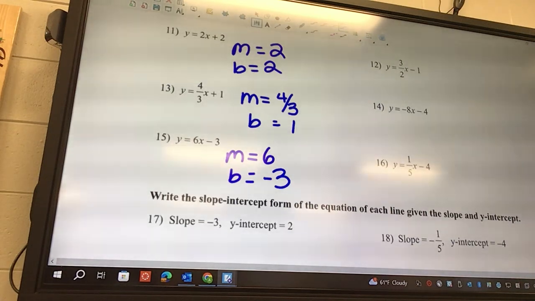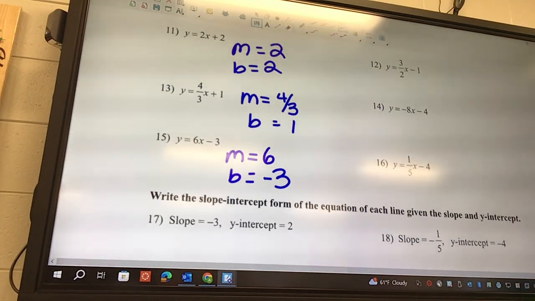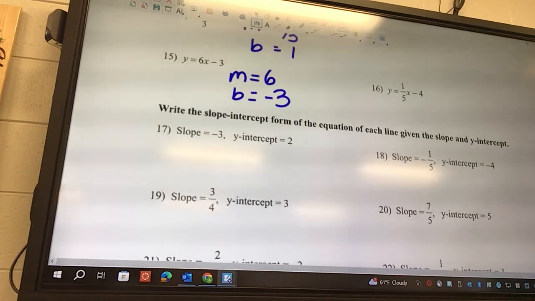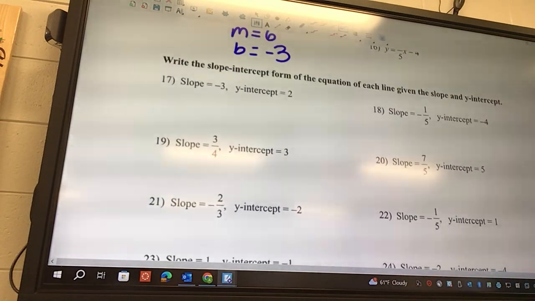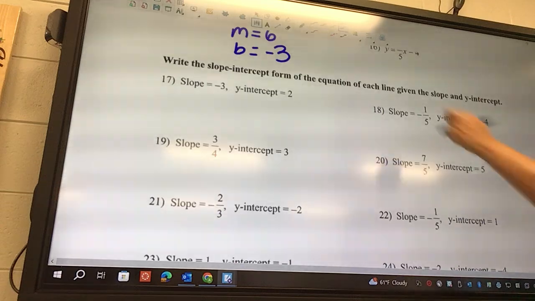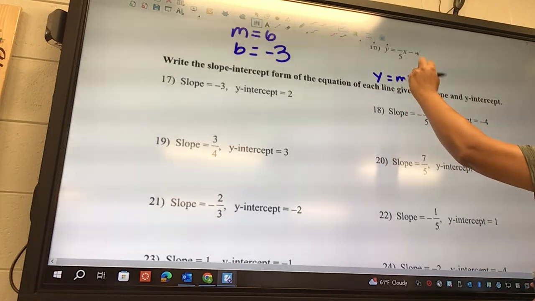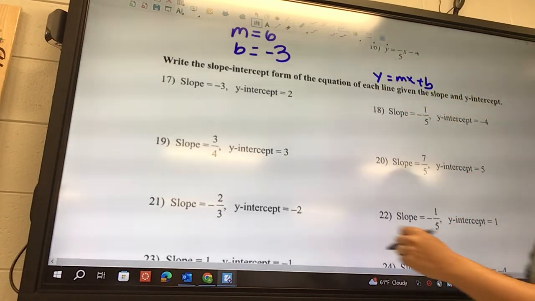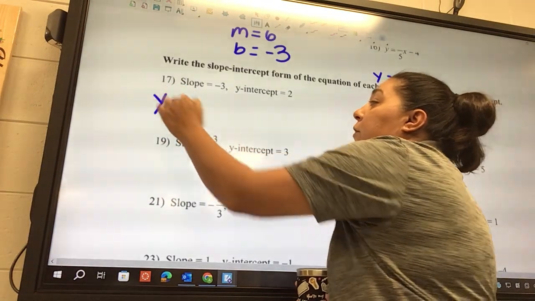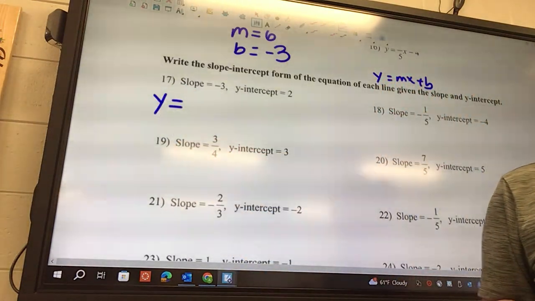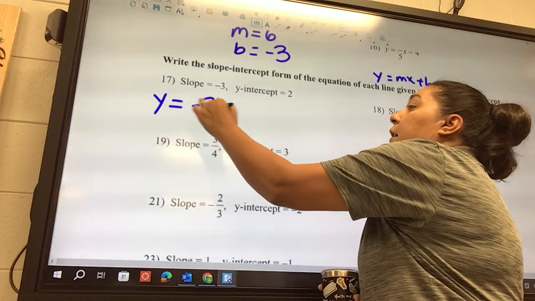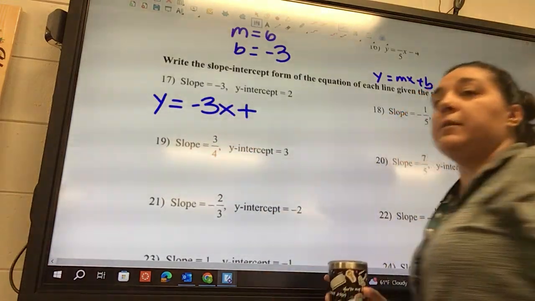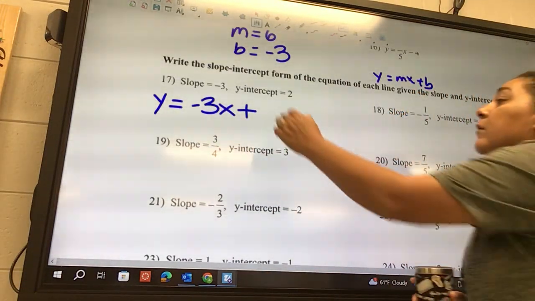Okay, and then lastly, look at 17 through 24. All they want you to do, they gave you the slope and the y-intercept. They want you to write the equation. So it's going to look like y equals, what's my slope? -3x plus, what's my b? 2.